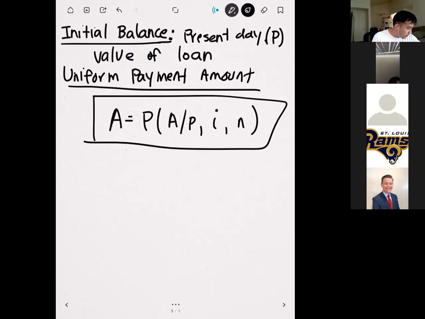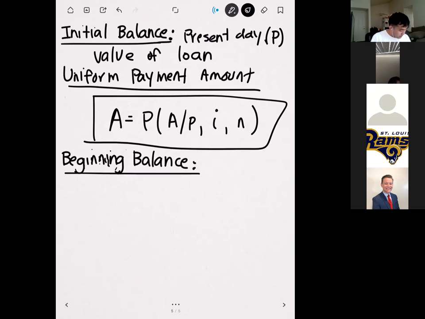Let's define all the other values in the table. Period is pretty self-explanatory. So let's do beginning balance. This represents the amount of money that's still owed on the loan at the beginning of this period.